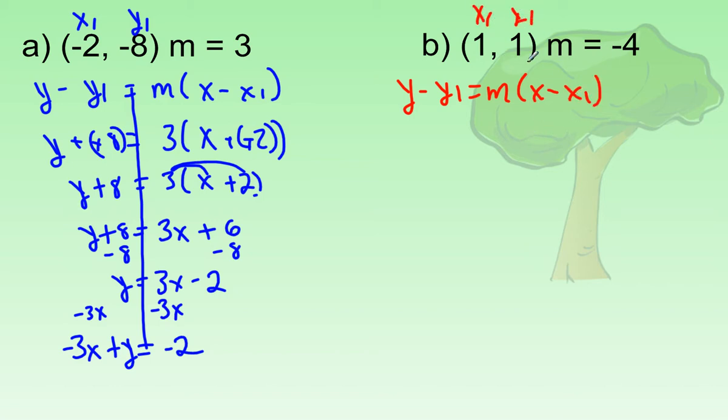So my formula becomes y minus 1, there's the y1, equals negative 4 times x minus 1. This is point slope form.